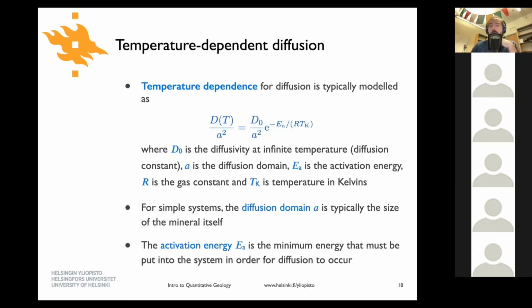Typically when we model this, the diffusivity D of T is modeled as being equal to some constant D naught, the diffusivity at infinite temperature, or another diffusion constant, times e to the minus E_A over RT. This is an activation energy needed to start the diffusion process. R is the gas constant, and T_K in this case is the temperature in kelvins.